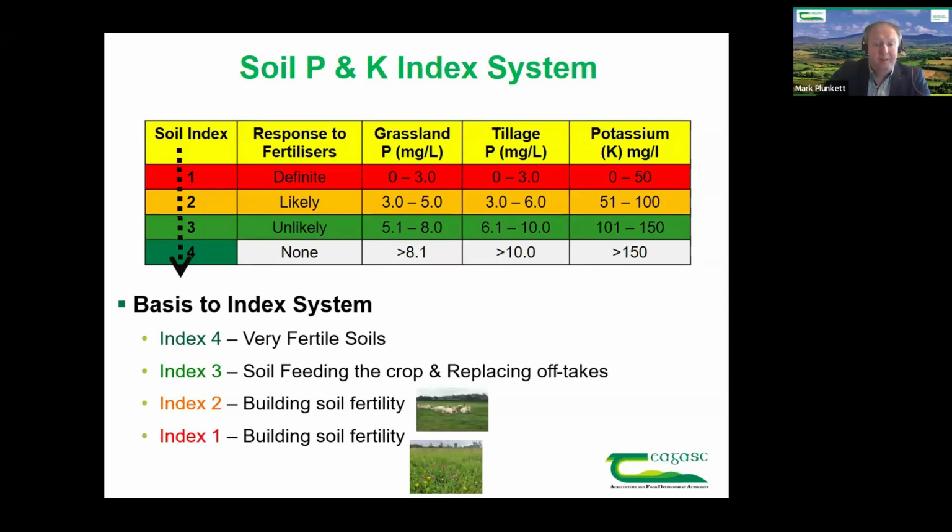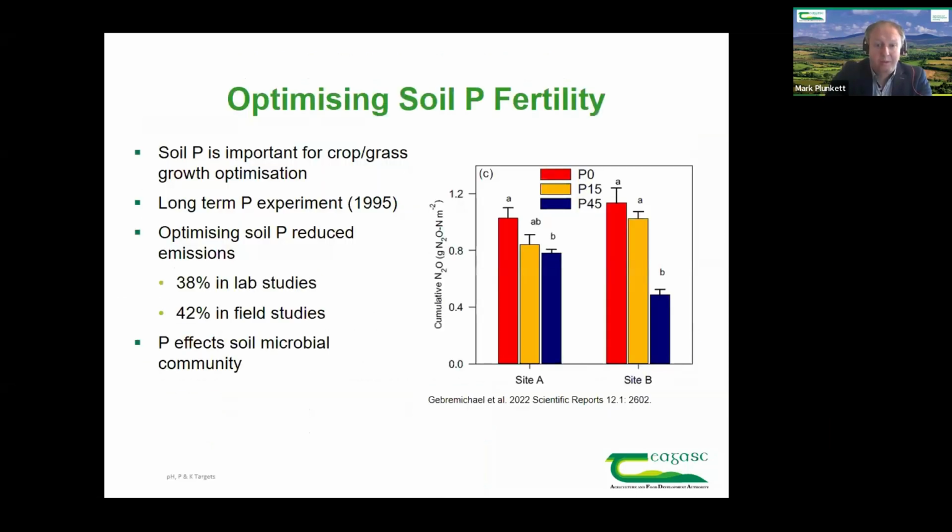But as we move up, in terms of dry stock systems, probably index 2 was fine. If you had a good index 2 for both P and K, you'll probably grow as much grass as you want for that system. As we move up the ladder to index 3, we're looking at the more intensive systems in terms of grassland, where there's high levels of nitrogen in the system. And index 3 is where we need to be for those systems.